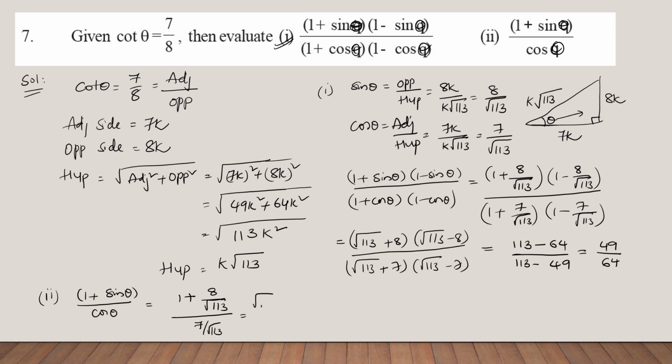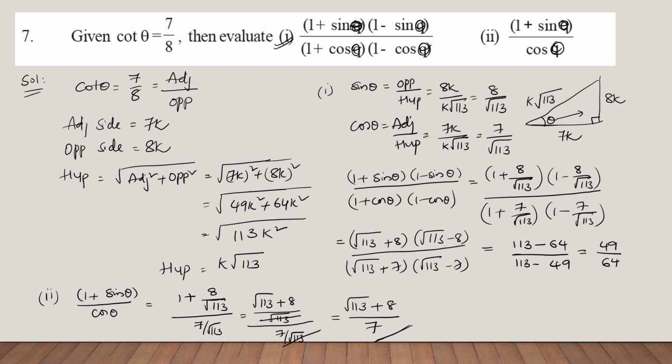When I take the LCM, root 113 plus 8 divided by root 113, whole divided by 7 by root 113. The root 113 denominators get cancelled, hence the answer is (root 113 plus 8) divided by 7. So using the value of cot theta, we have found the remaining values.